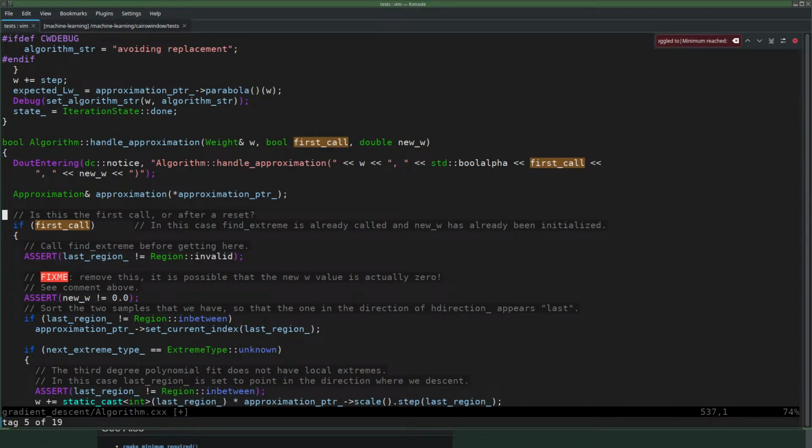And that means that the new sample just belongs to the last approximation. The approximation that belongs to the local extreme that was just found, the minimum. So we add new samples while going uphill to the approximation of the local extreme, which increases its scale.